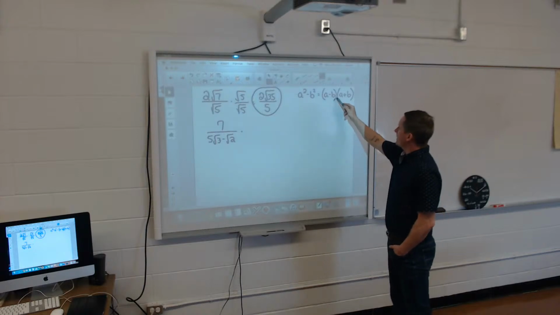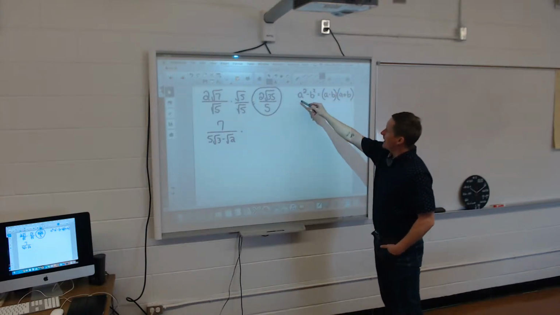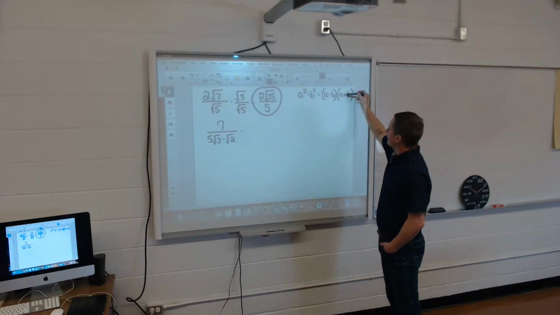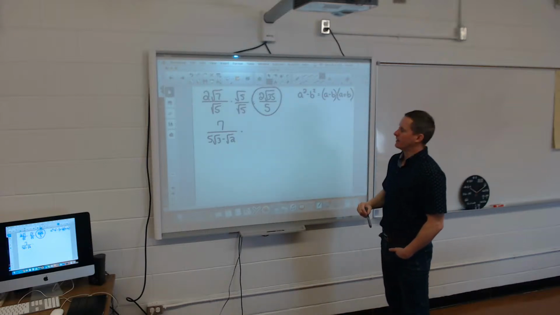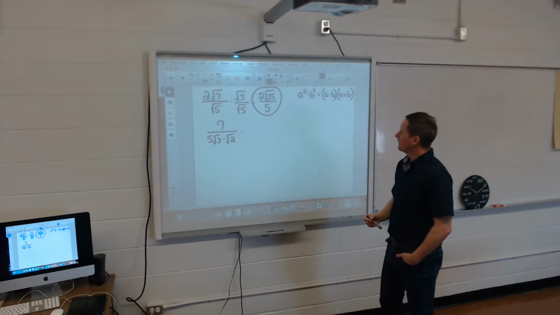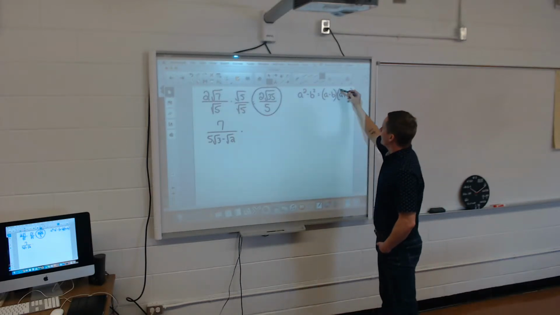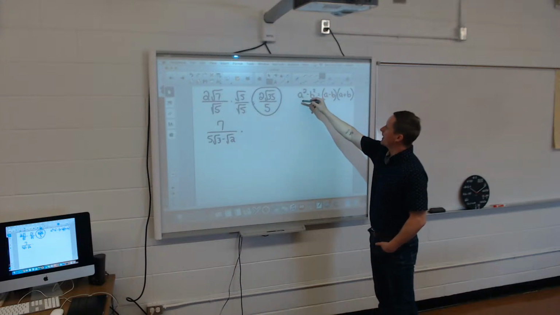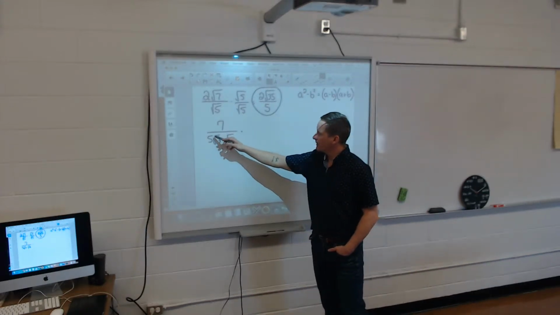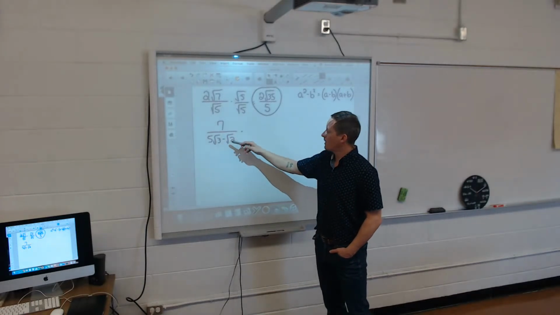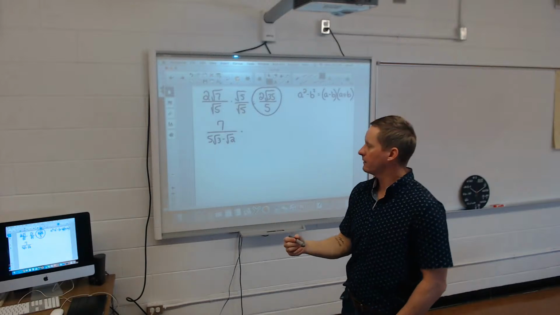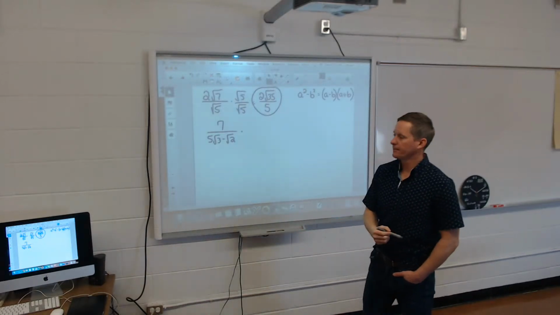So a minus b times a plus b gave us a squared subtract b squared. The additive inverse of a plus b is a subtract b. The additive inverse of a subtract b is a plus b. So if I multiply by the additive inverse, I end up with a squared subtract b squared, which makes this a perfect square, and this a perfect square, which ends up getting rid of my rooted values.